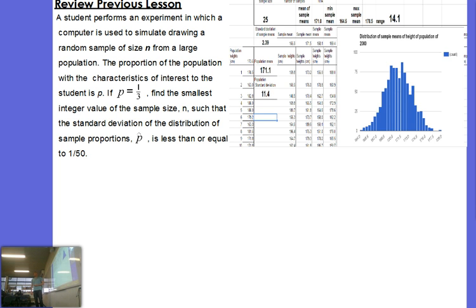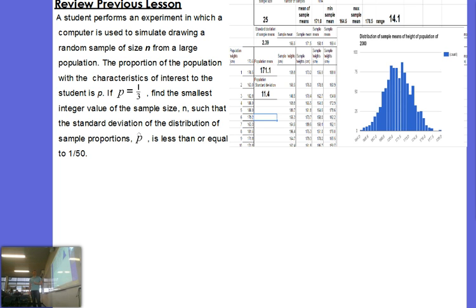So we'll say we've got a student who performs an experiment in which a computer is used to simulate drawing a random sample of size n from a large population. Just like what we've done with our Google spreadsheets simulations. Now the proportion of the population with the characteristic of interest to the student is P. We're drawing left-handed people, so what's the proportion of left-handers?